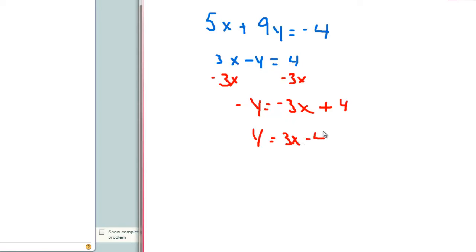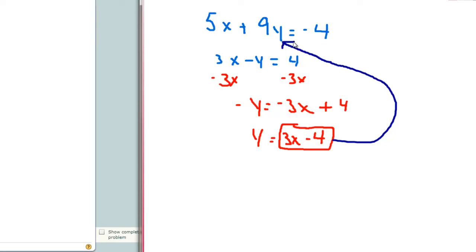Okay, so now I have y by itself. Since I have y by itself like that, I can take that and put it in place of the y there. That's called substitution.